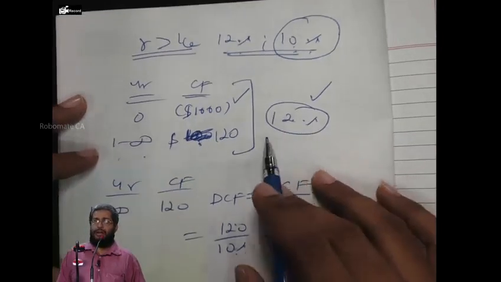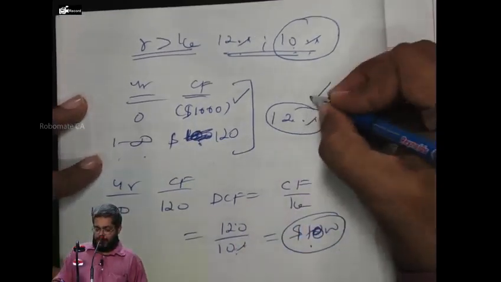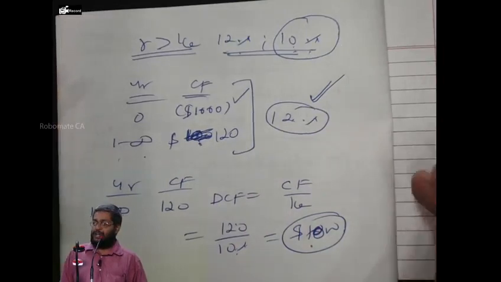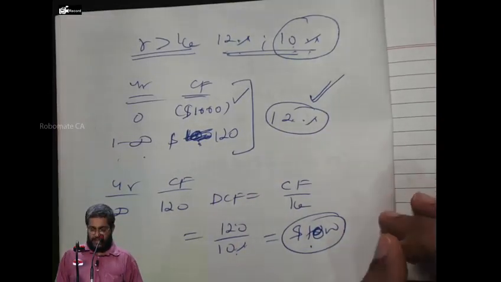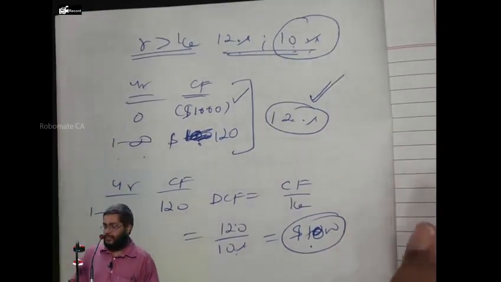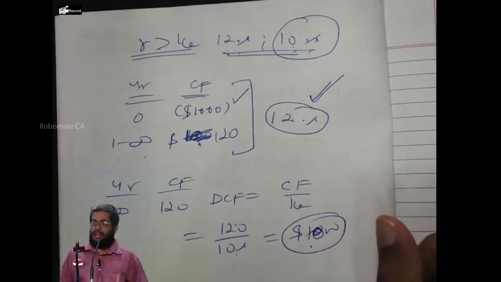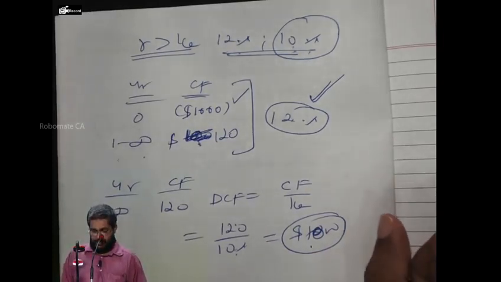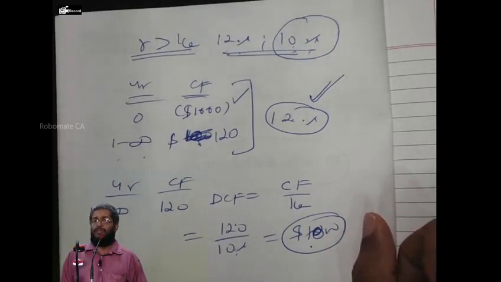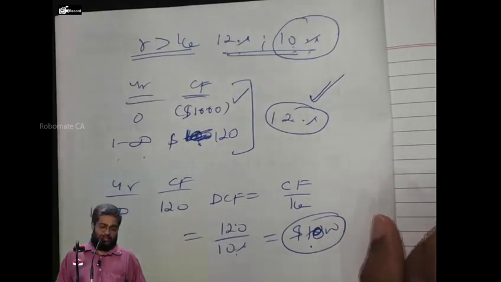We require 10%, but the project is expected to give 12%. Hence, there is a positive NPV. Can I proceed or not?